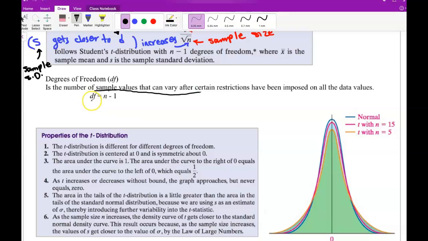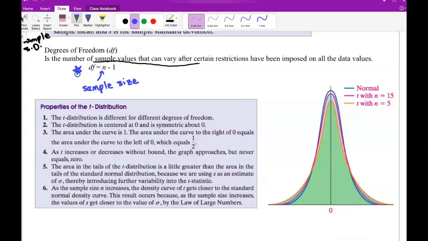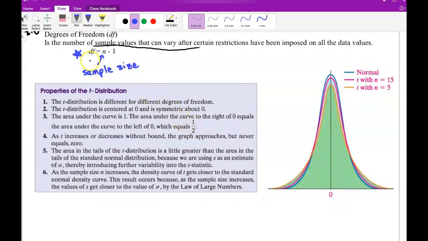Degrees of freedom is equal to the sample size minus 1. Whatever your sample size is, you subtract 1 to find degrees of freedom. This part is important because we're going to use it to find t-distributions.